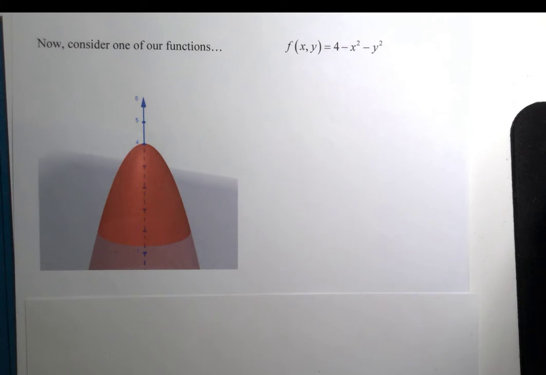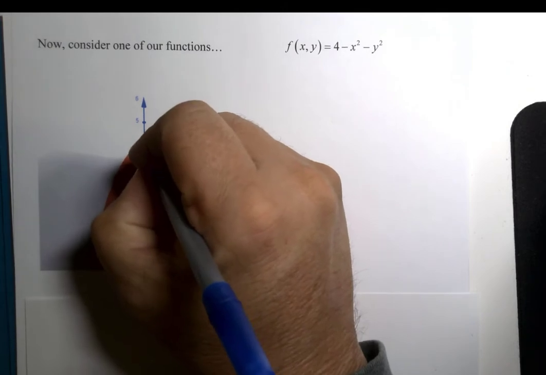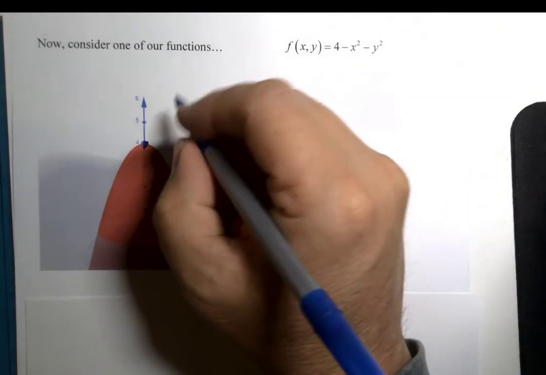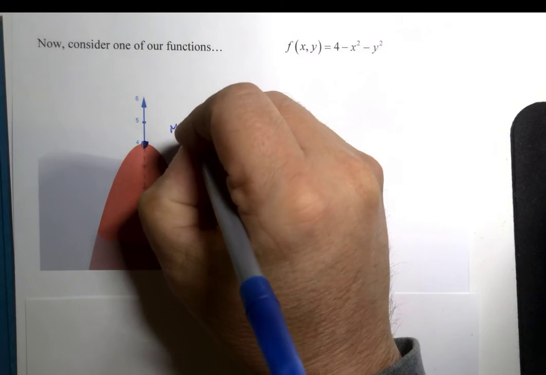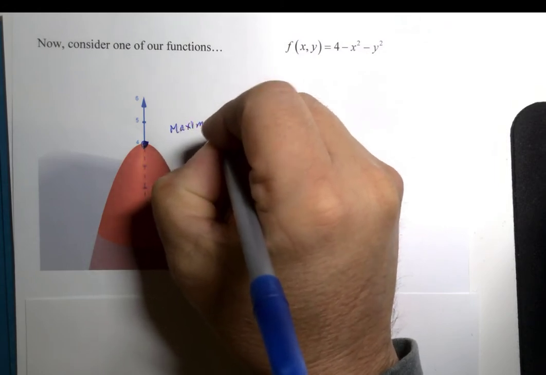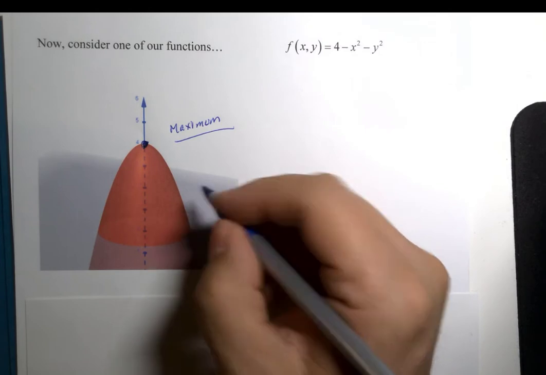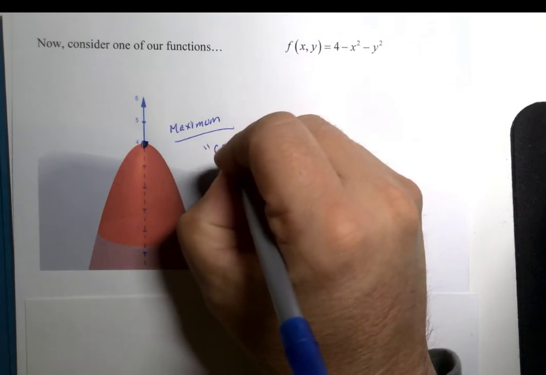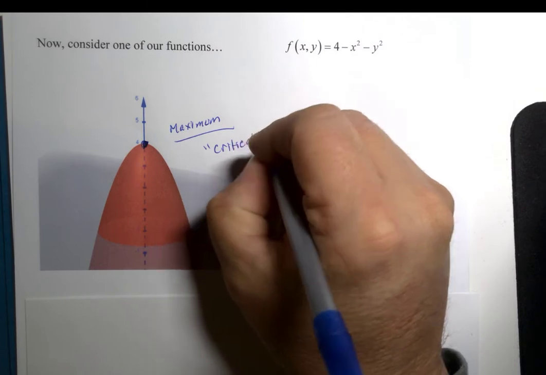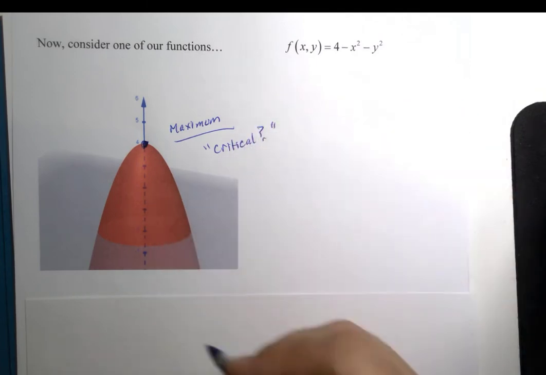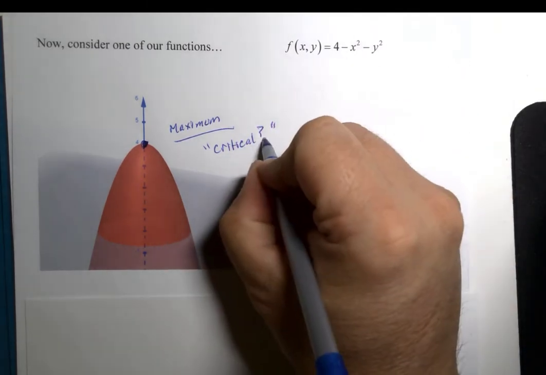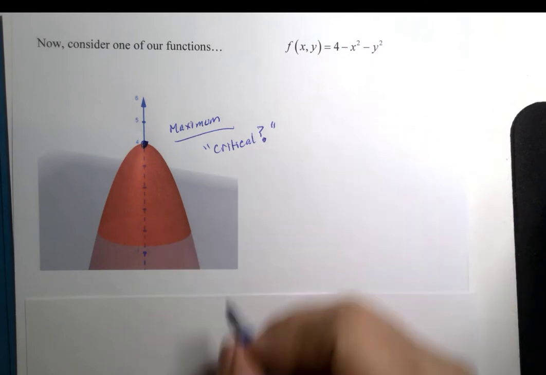Now, if I were to guess, I think that this point here, which looks like a maximum, might also fit that category of something that's called critical. But I need a definition to go with. So that's a question mark because I don't know, is it called critical?